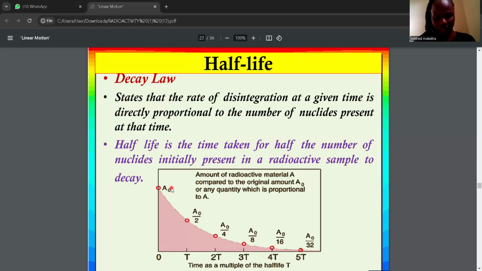After the second half-life, it reduces by another half, and the same way. So it was initially A naught. After the first half-life, it comes to A naught over 2. After the second half-life, it is A naught over 4, that is A naught over 2 multiplied by a half. And then after the third half-life, it will be A naught over 8.